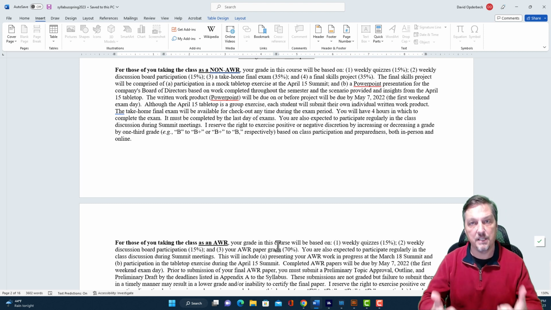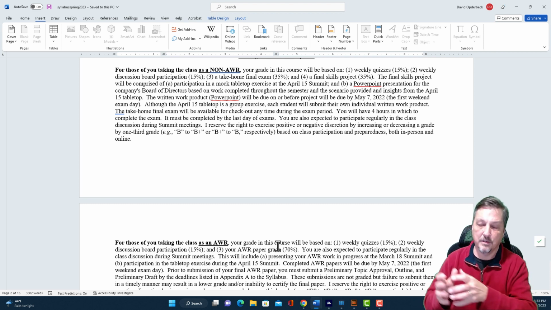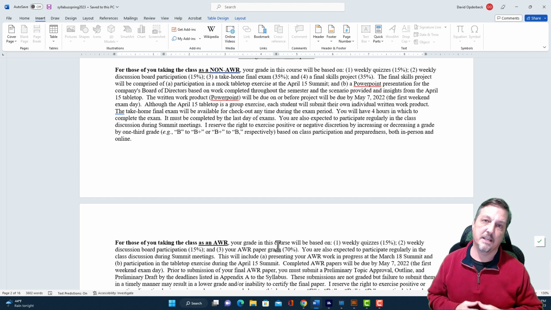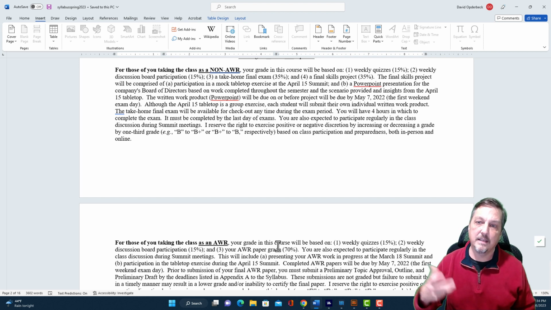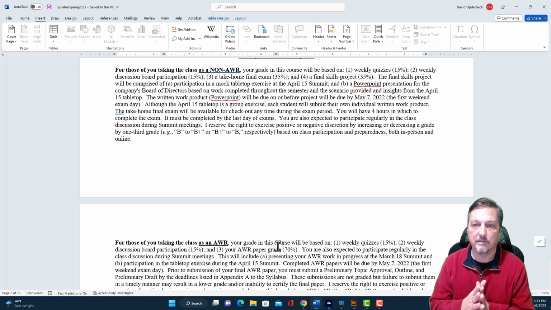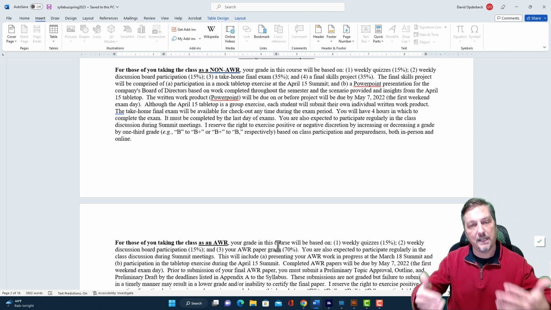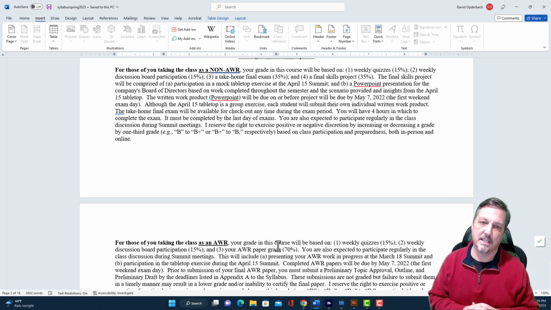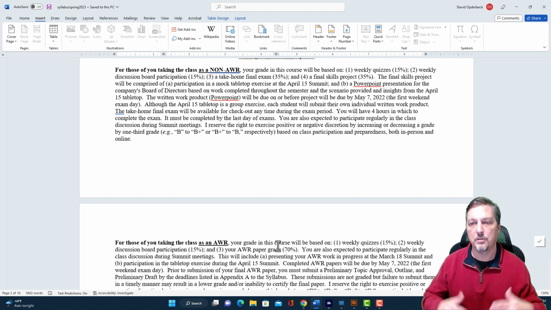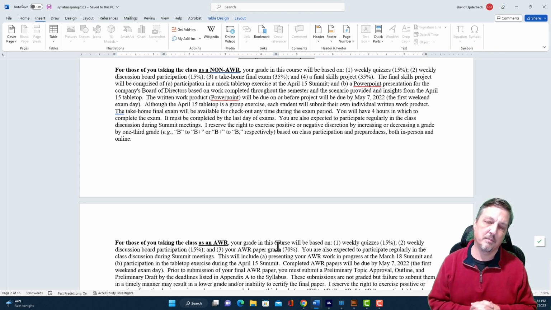If you're taking it as a non-AWR, then your final summative assessments are going to be a take-home exam and a skills project. And the skills project is going to involve some presentations and participation in some exercises at some of our summit meetings, and then a final PowerPoint presentation that you're going to put together. You won't have to present it, but you'll put it together, and I'll look at it, to the board of directors of a fictional company on cyber and privacy compliance issues.